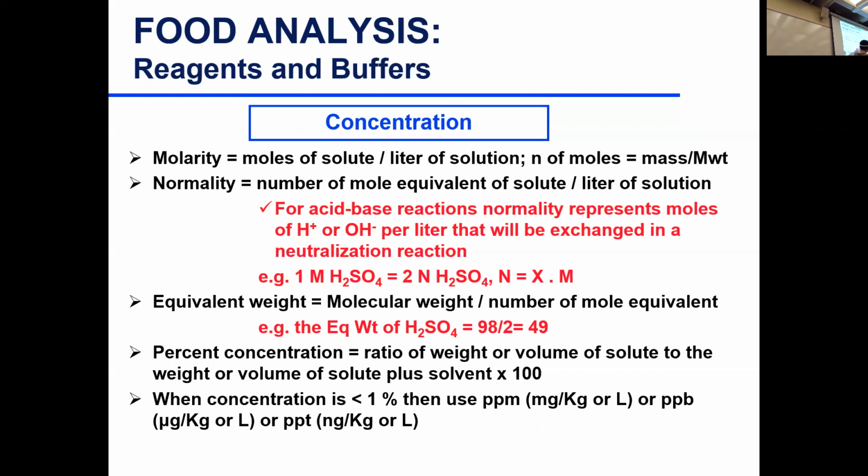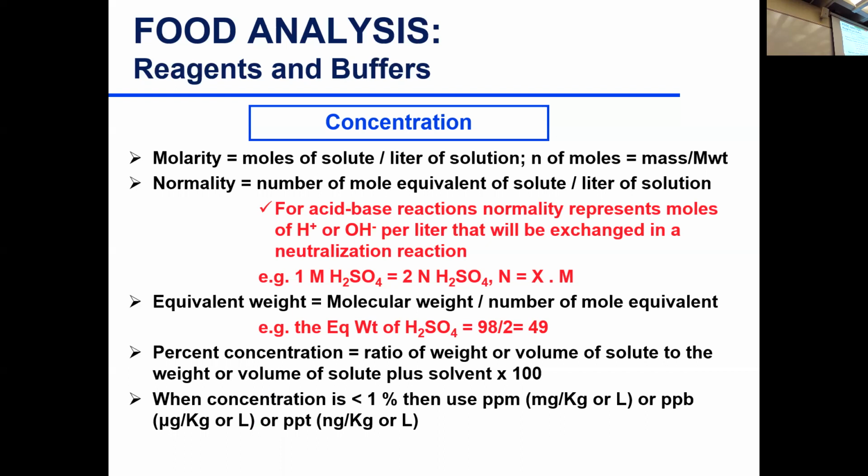So these would be the equivalent moles of solute. So if I look at H2SO4, 1 mole of this has 2 moles of hydrogen, or H plus. So 1 molar has 2 normals. Why? Because it has 2 hydrogens. Therefore, 1 molar of H2SO4 equals 2 normal of H2SO4.